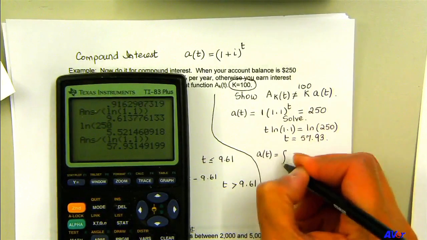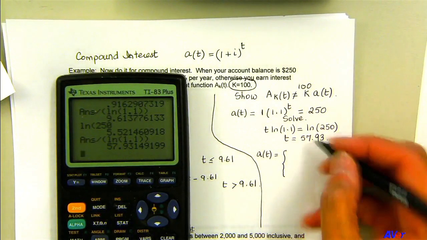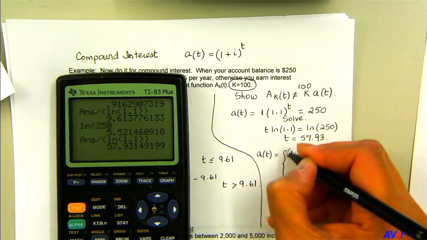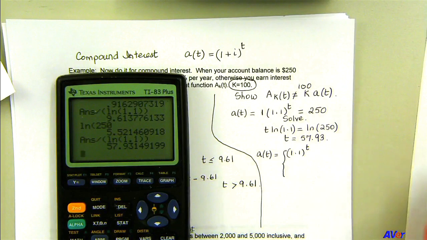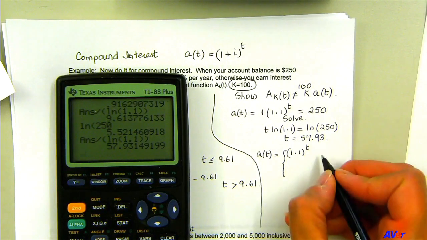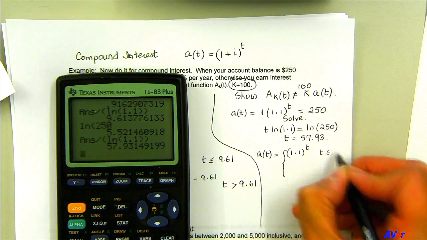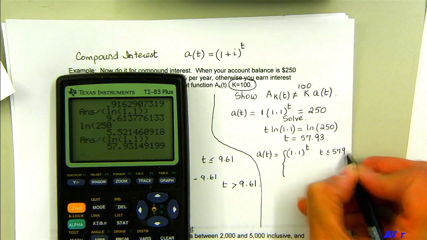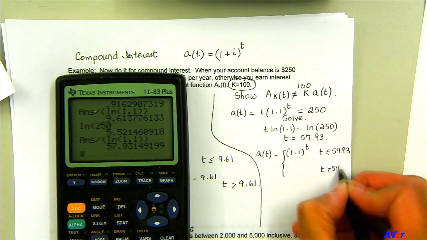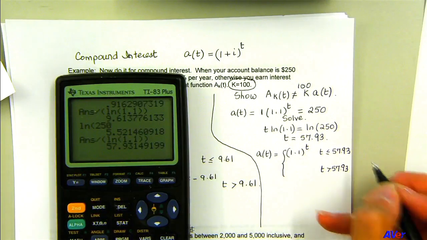is also a tiered function, and it's equal to 1.1 to the t power. This number before that is just 1, because remember, with little a, you're just starting with $1, right? Yes or no? For t less than or equal to 57.93. And for t greater than 57.93, what will it be?